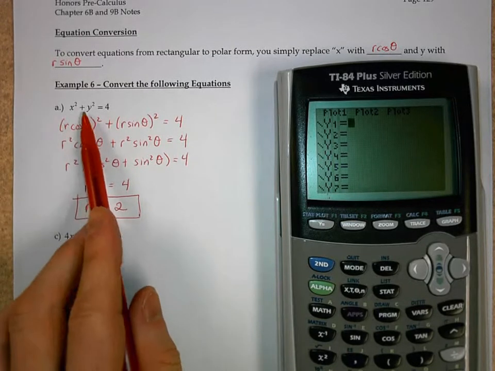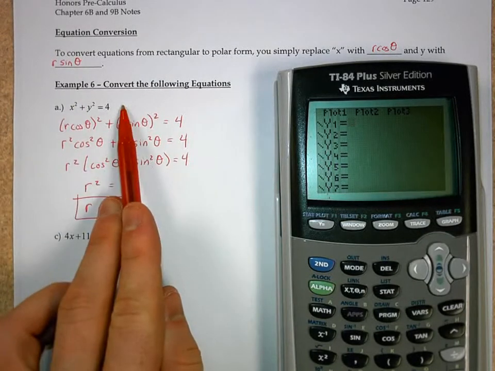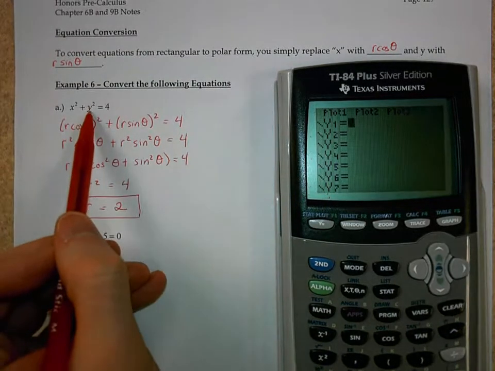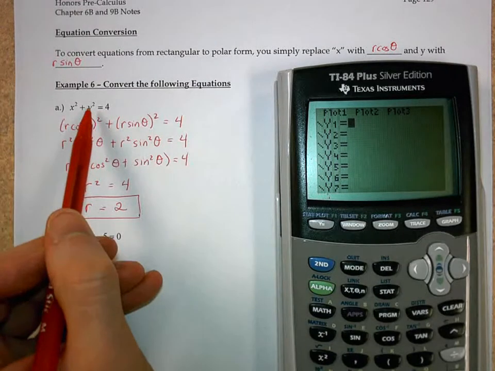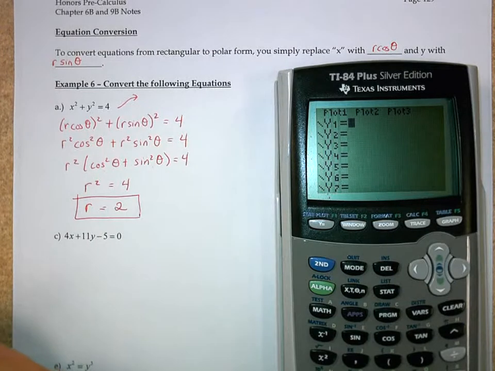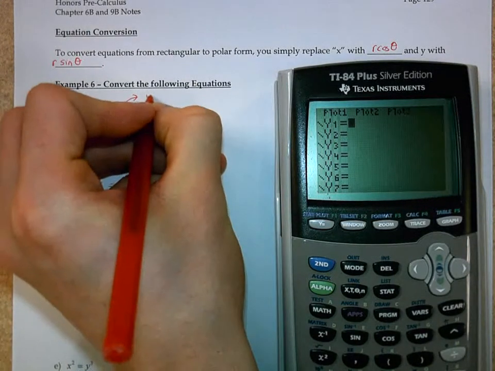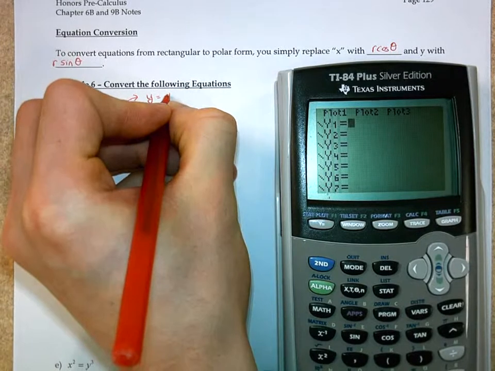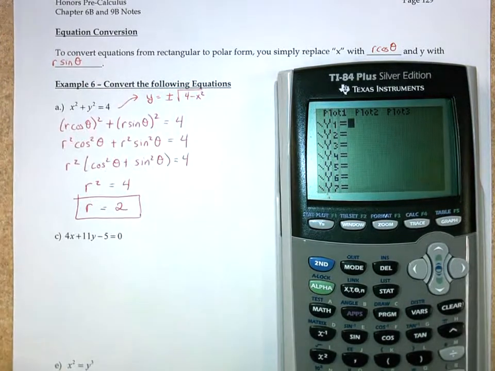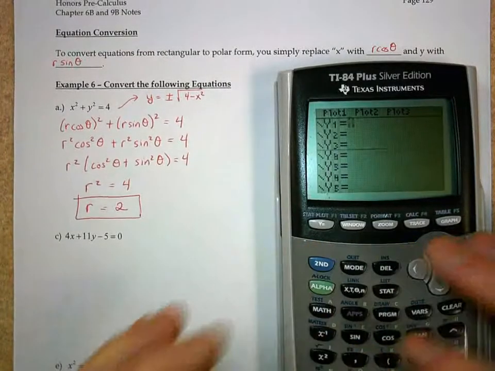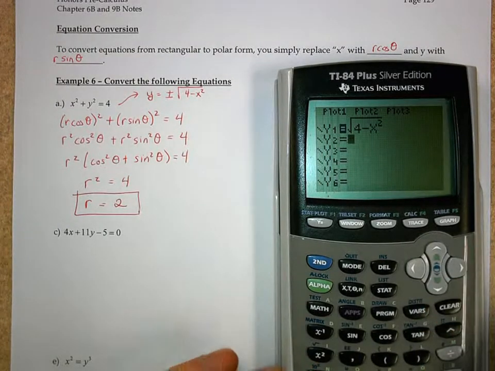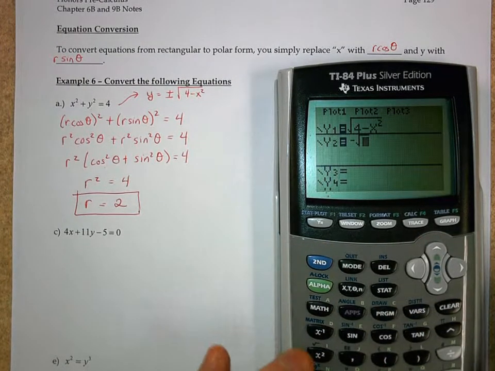If I were to plug in x squared plus y squared is equal to 4 into this calculator, I would need to get y by itself and then put the positive version in y1 and the negative version in y2. So I would have to say y equals plus or minus the square root of 4 minus x squared. In the first one, I would plug in the square root of 4 minus x squared. And then in the second one, I plug in negative square root of 4 minus x squared.